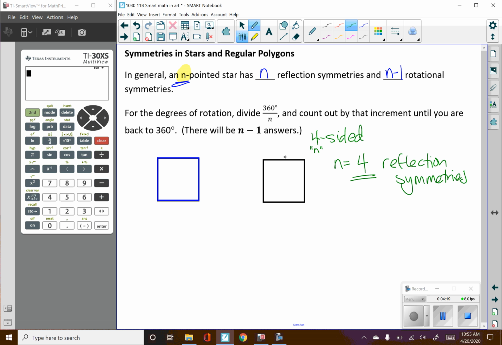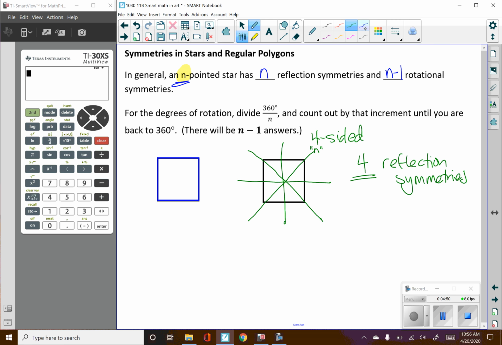With a square, it's actually kind of interesting. The reflection symmetries for a square are here, here, and then also the other two reflection symmetries are here and here, the diagonals. So it does have 4 reflection symmetries. You don't have to draw the reflection symmetries on your homework. You'll just have to type in the 4.